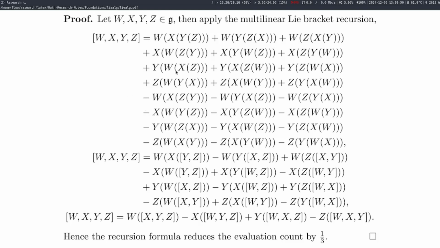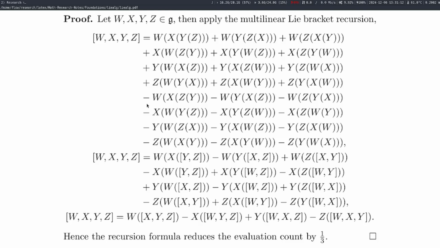And if you observe, we have these w's on the outside here, then we have the x's, then the y's, then the z's, and same for the minus signs. We have the w's, the x's, the y's, and the z's as in the first term here.